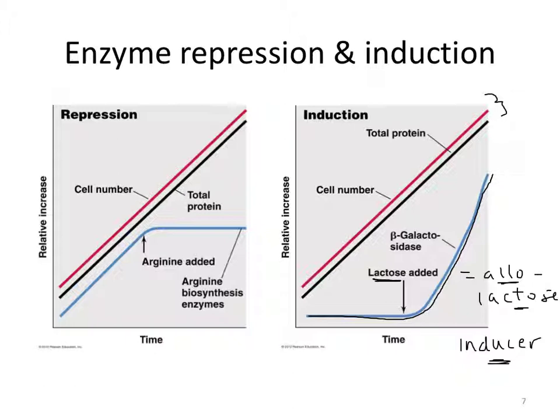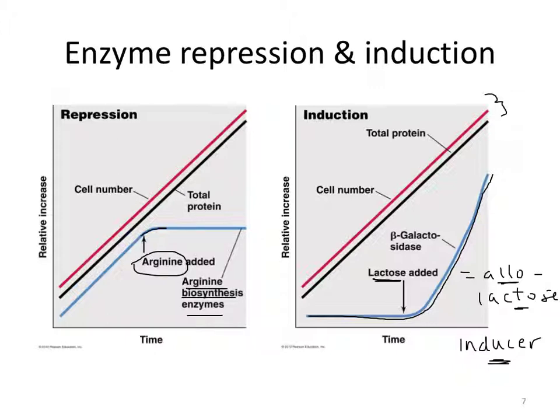On the left, we see a scenario where the blue line represents, this is a different enzymatic system, the level of arginine biosynthesis enzymes. Remember, arginine is an amino acid. So these are enzymes that are found in an anabolic pathway, the pathway required for making arginine. In this scenario, when arginine is added, the level of arginine biosynthesis enzymes plateaus.